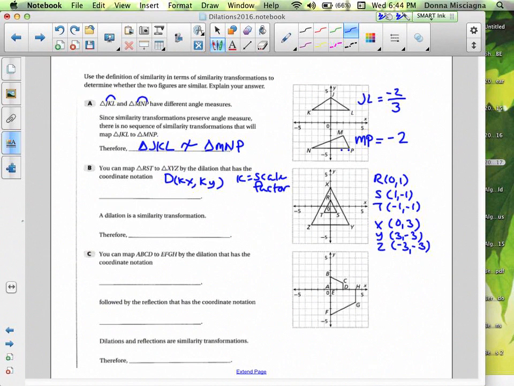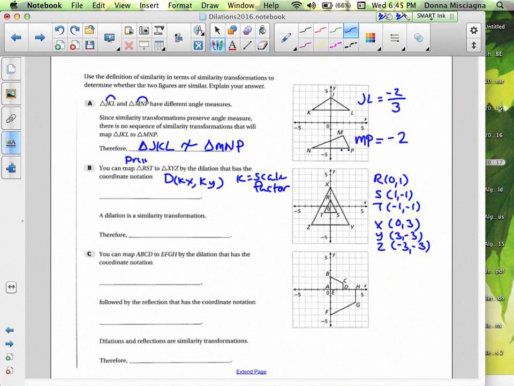Right? So we're mapping triangle RST to XYZ. RST is going to be our original, or pre-image. It's a little hard to know which is the original when they don't have prime marks. The prime marks make it easy, unless it's really clear which is the pre-image and which is the image.